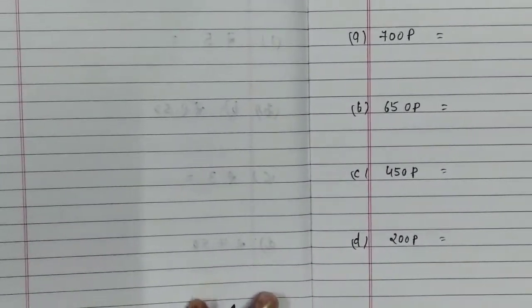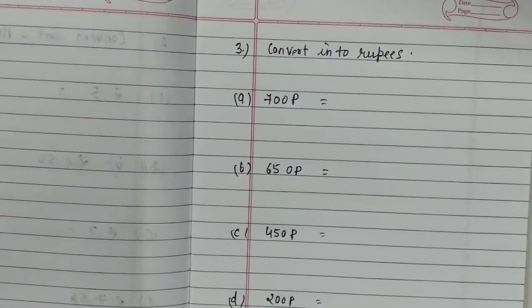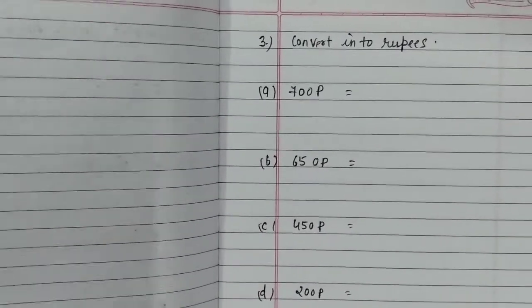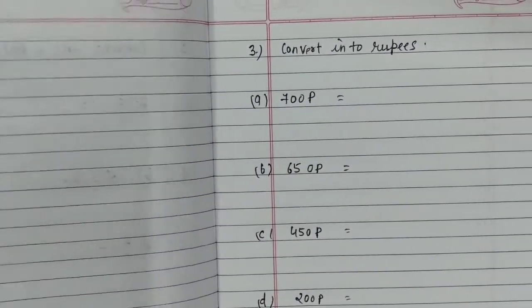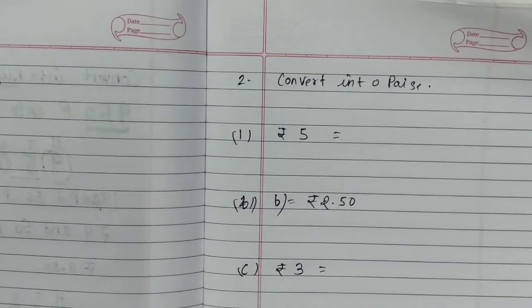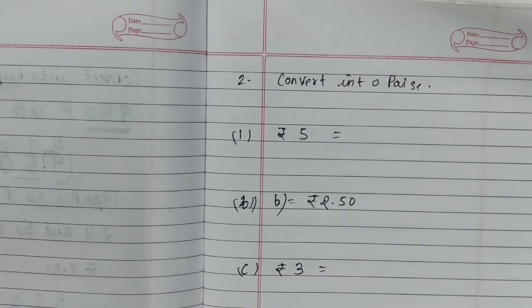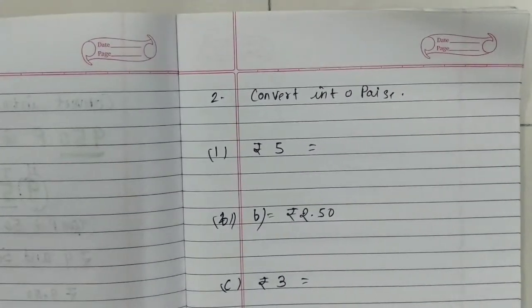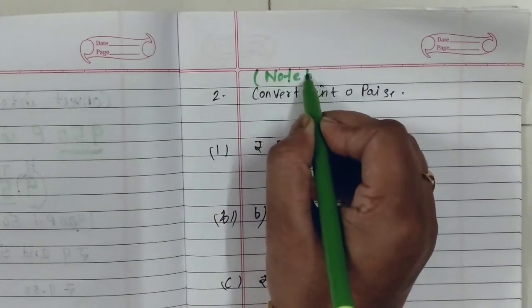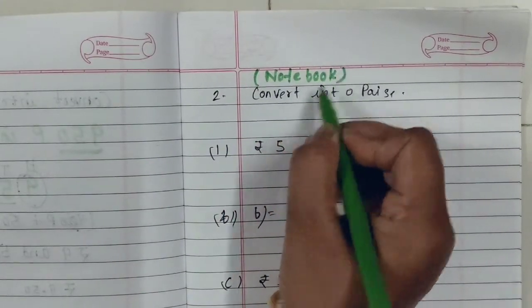So convert into rupees, how we can convert it? Sorry, this is third question. Second question is convert into paise. Everyone, be ready. You have to write it in your maths notebook.